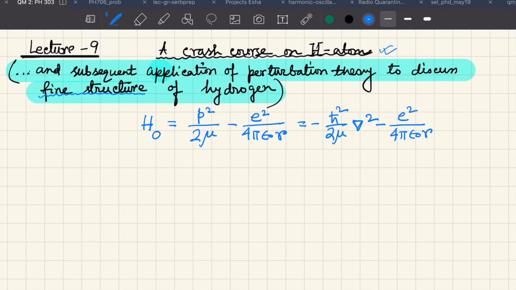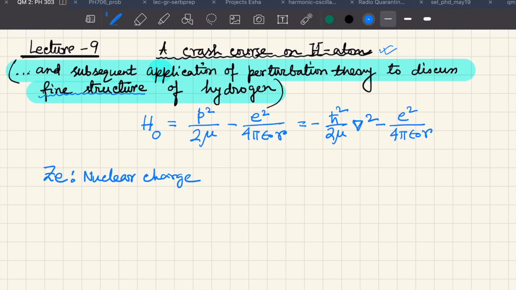Now keep in mind for your atomic and molecular physics course, which you are having parallelly, that instead of a single proton in the nucleus, suppose you are considering a nucleus of charge Z times e, which is the nuclear charge, where Z is called the atomic number, which basically tells you the number of protons in this nucleus.